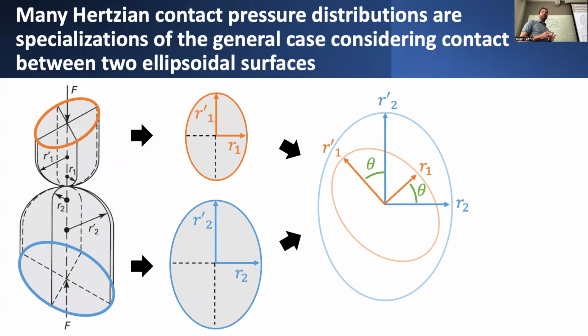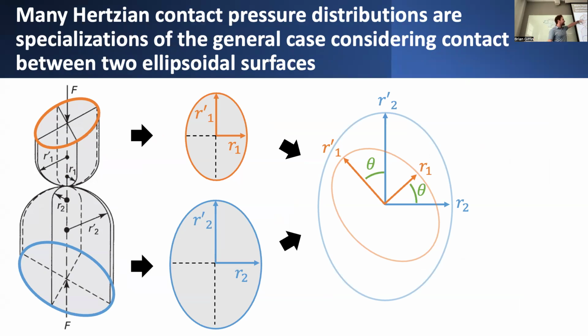But there's an even more general case, and this one is particularly relevant for solving the homework problem. It's the case where you have not just two spheres coming into contact, but potentially two ellipsoids coming into contact. The book has a picture of this to try to describe it, but it's a little bit unclear, so hopefully I've cleaned up a lot of the imagery here.